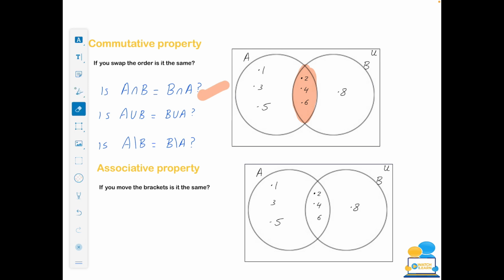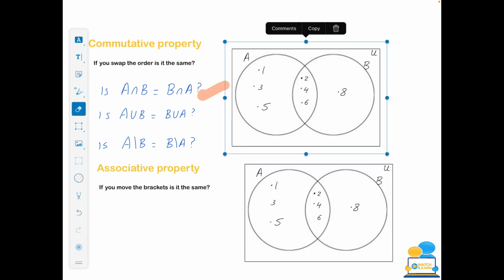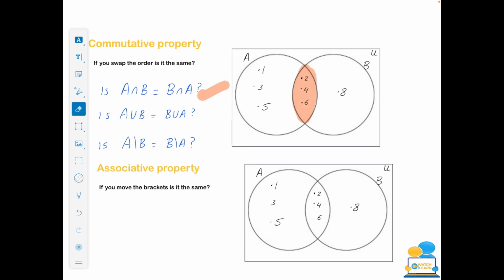The next one we'll look at is A union B and B union A. A union B is all of this section here. We include all of A, and then all of B as well. So A union B and B union A are the same thing. So that's also true.